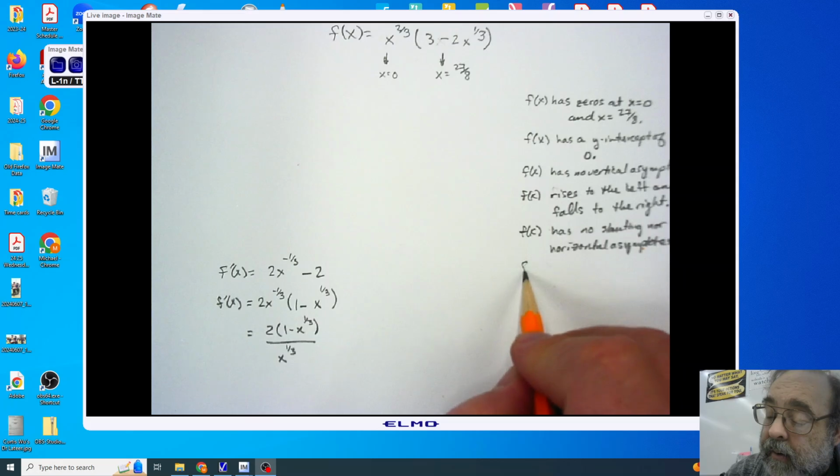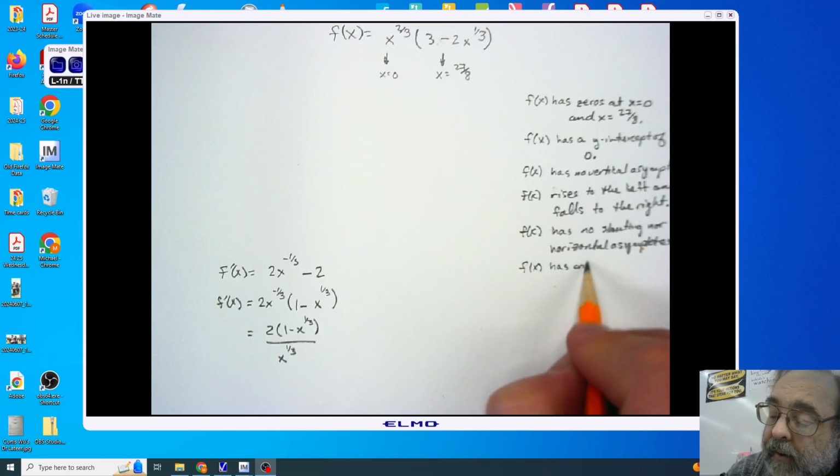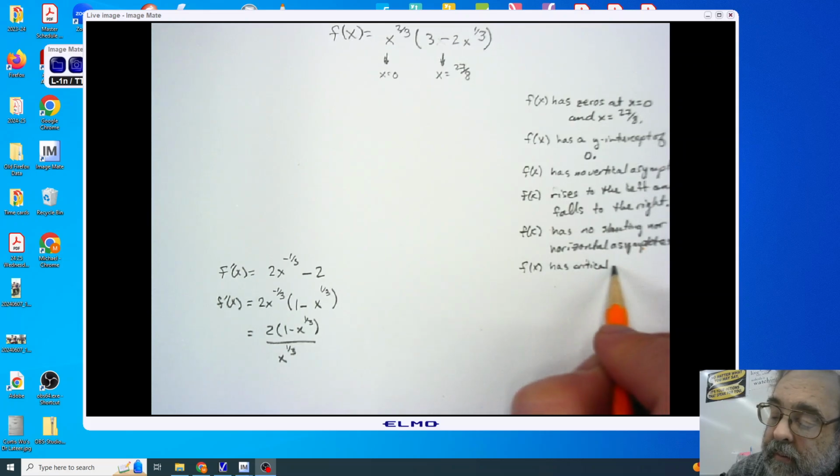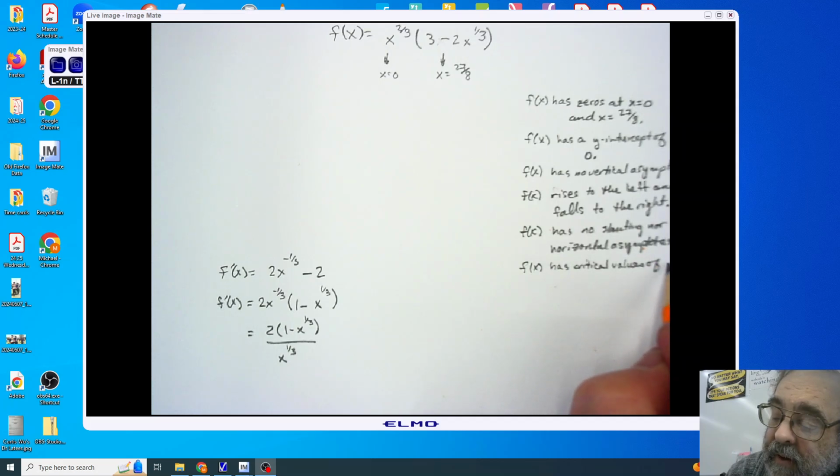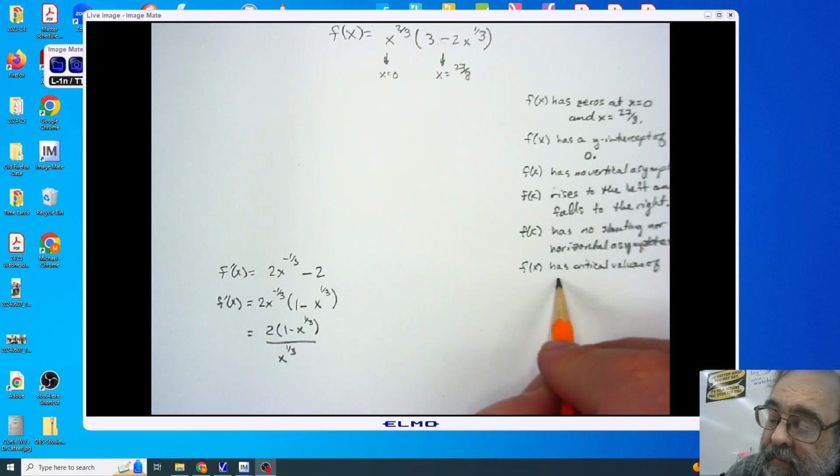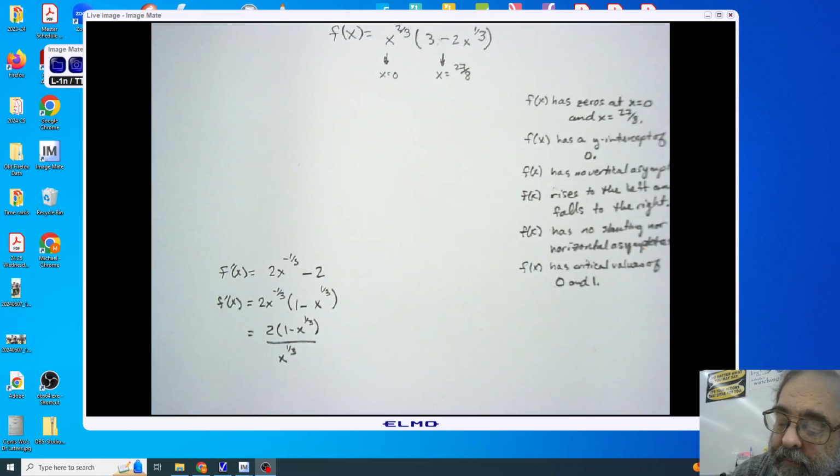Just write those down. f of x has critical values of 0 and 1. I'll just have 1 minus x to the 1/3.